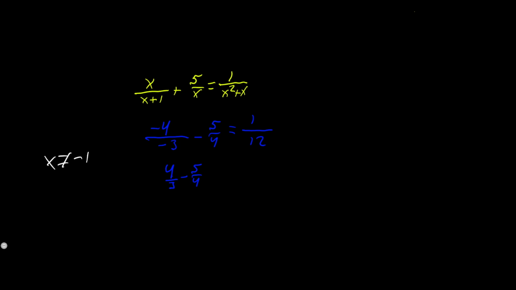And multiplying the fractions together, we're going to get 16 minus 15 over 12. And here we get that this indeed does equal 1 over 12, which is our only solution in this example, since we have a discontinuity at x equal to -1.